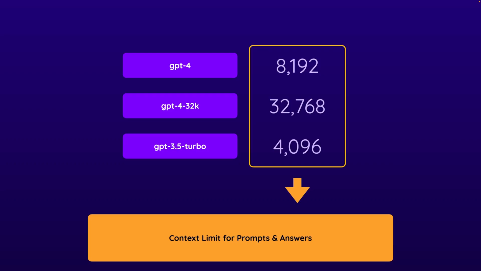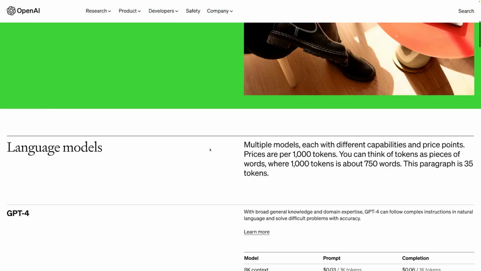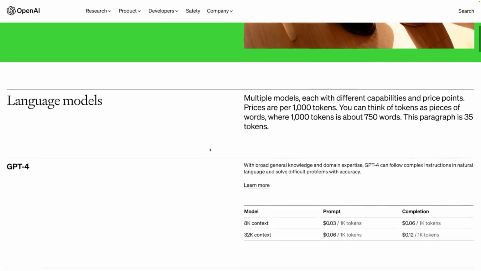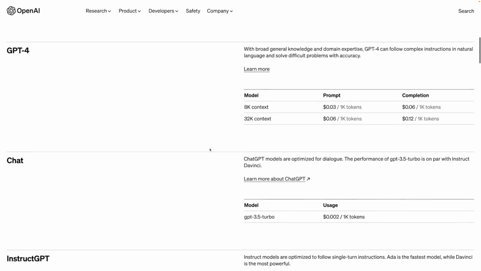Another important aspect is the one I mentioned at the beginning of this lecture. The pricing of using the APIs is also based on tokens. The pricing page is attached to this lecture, and it will probably change when you are watching this. But as said, when we recorded the course, this is the pricing for the different models used.